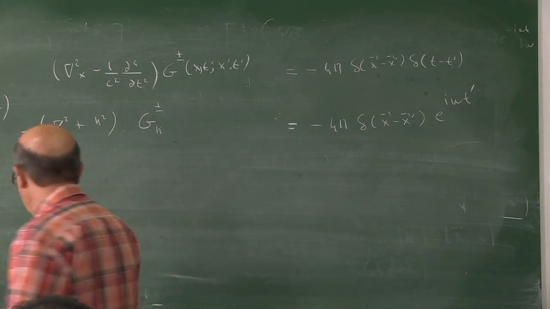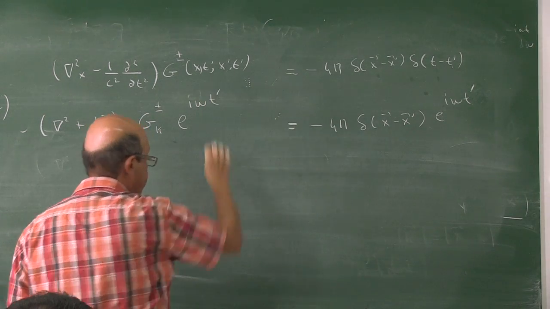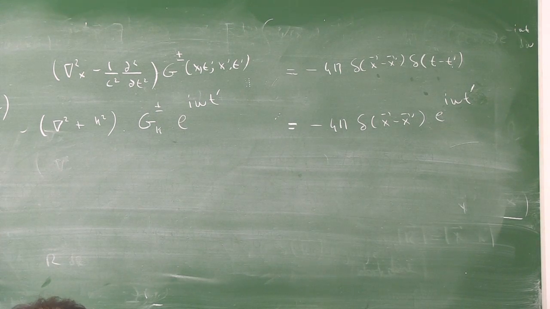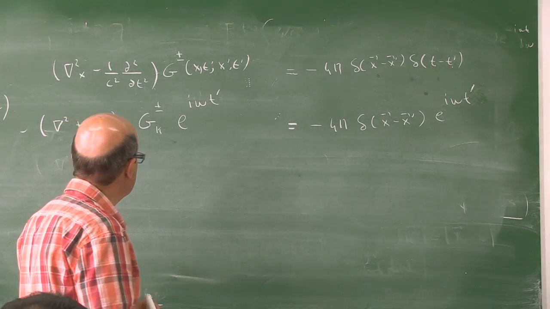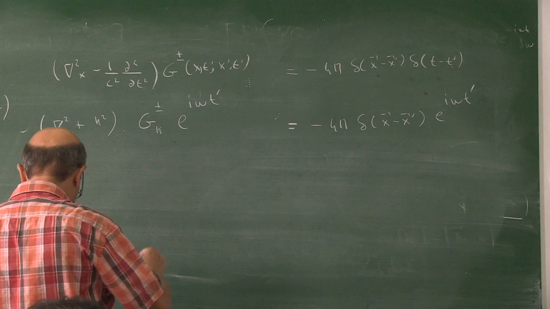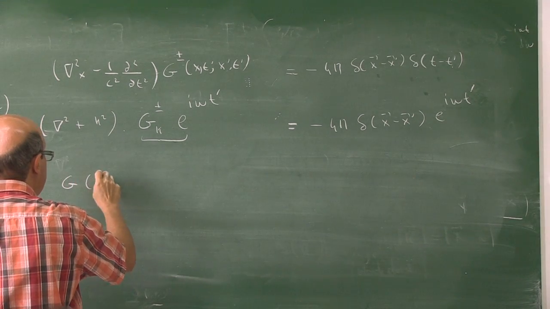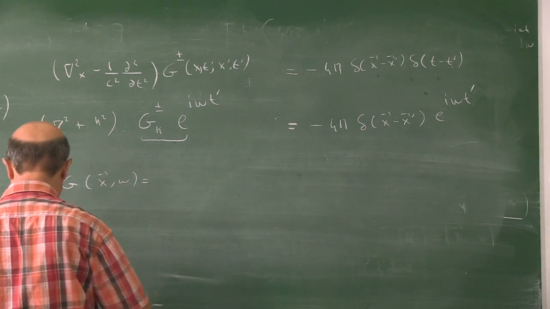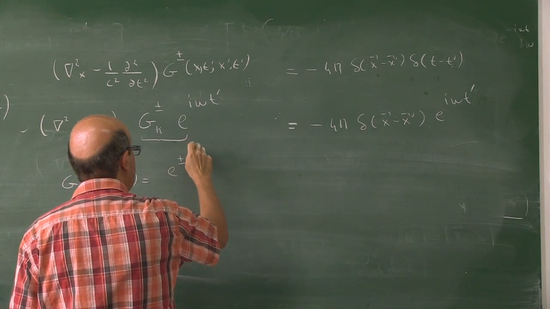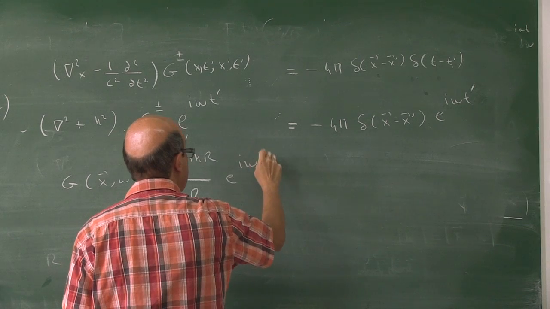Therefore, your solution should include this one also for the time-dependent part. G of x, omega could be written as e to the plus minus ikr over r, e to the i omega t prime.